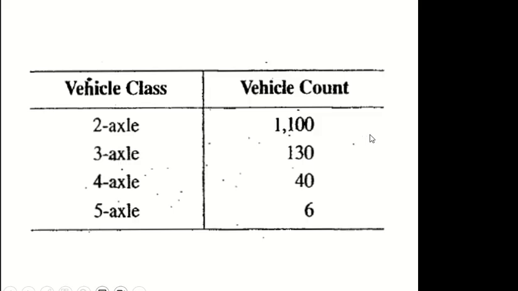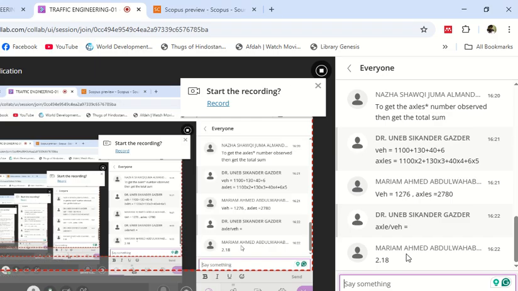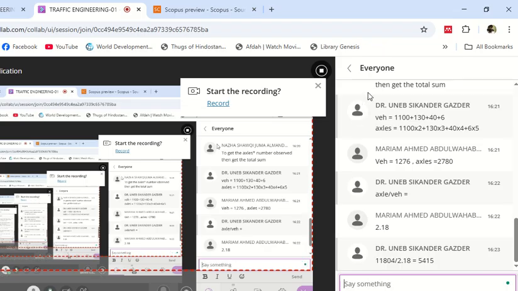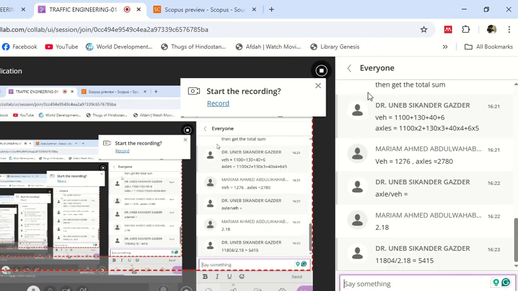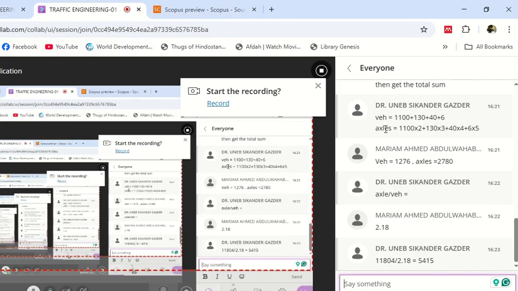After taking the average, I got 11,804. If I divide 11,804 by 2.18, I will get 5415 approximately. Okay, for location 1 we have to do this.